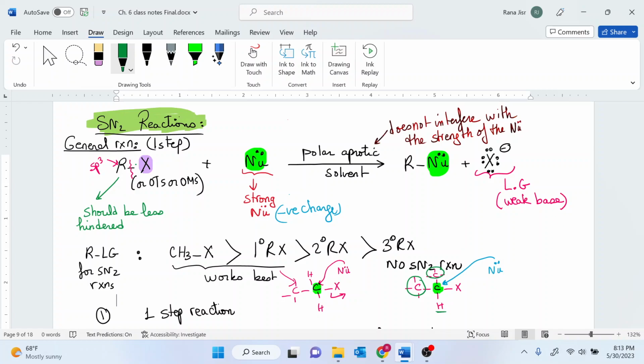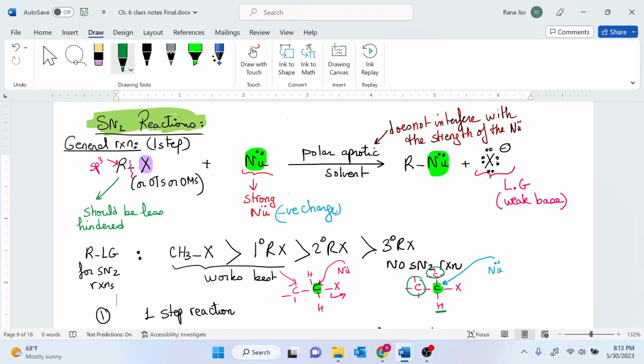Although there is room on this side over here for the nucleophile to attack because hydrogen is a smaller atom, compared to a primary alkyl halide, primary alkyl halides are more accessible to the nucleophile, and methyl halides are even more accessible to the nucleophile. So when it comes to preference, always a less hindered alkyl halide works best with SN2 reaction.